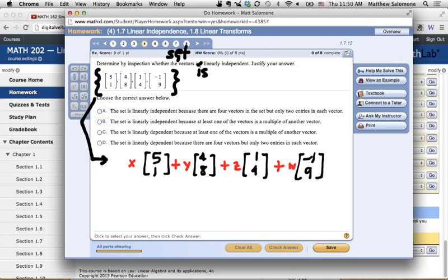And if I'm asking if they're linearly independent or dependent, then by definition, what am I going to put on my right-hand side? The 0 vector. And we are going to answer in the affirmative that they are linearly independent if what happens?